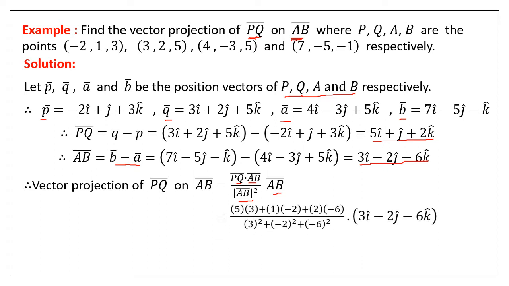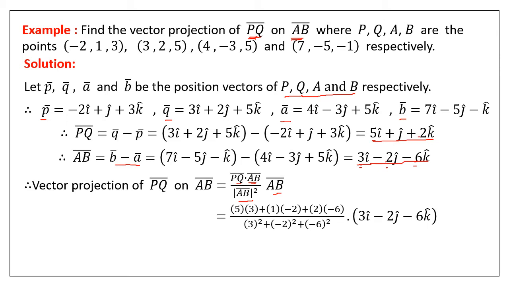Now PQ bar dot AB bar is nothing but A1 into A2 plus B1 into B2 plus C1 into C2. And mod of AB bar is equal to square root of A1 square plus A2 square plus A3 square.